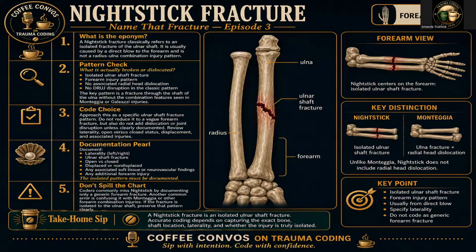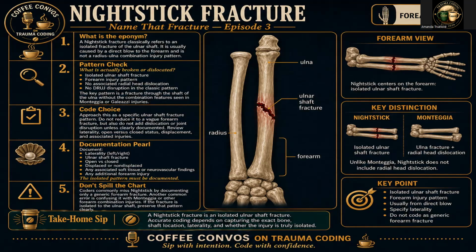And that brings us into our nightstick fracture. So our nightstick fracture eponym is demonstrative of an isolated ulna shaft fracture. It is usually caused by direct impact. And this is the perfect contrast injury for today's episode, right?